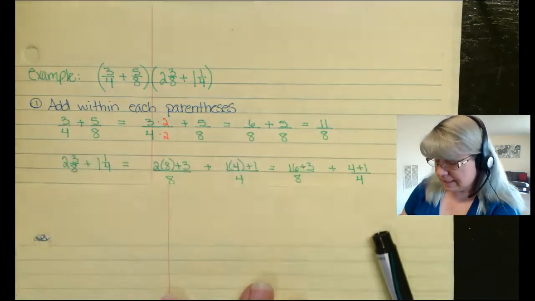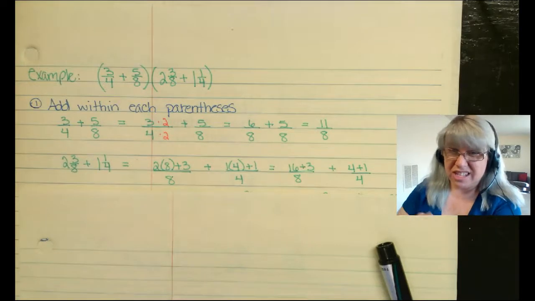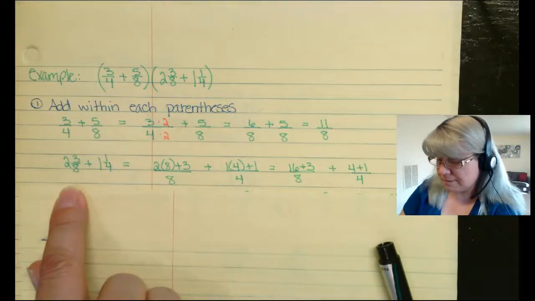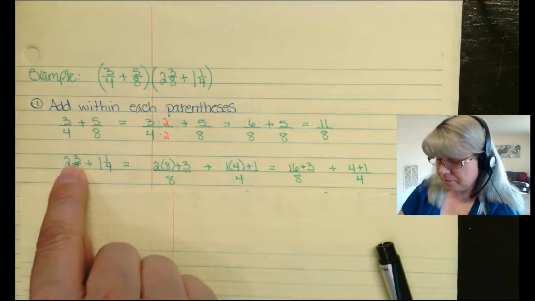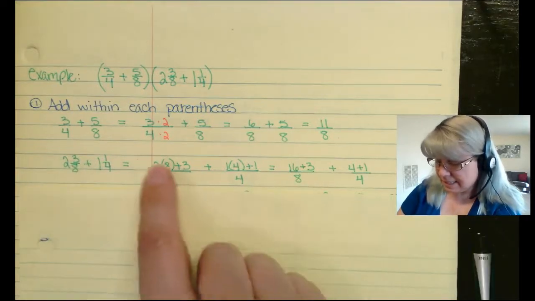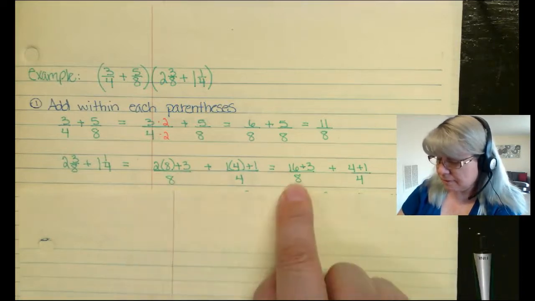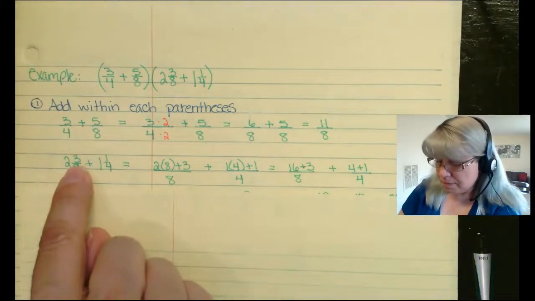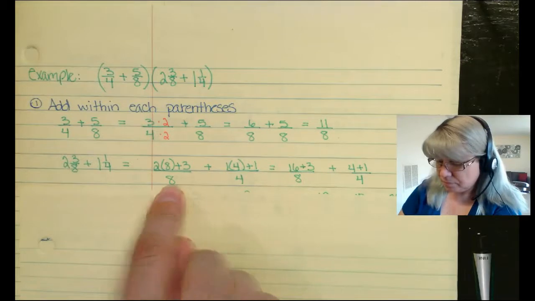For the second, I'm going to change them over to improper fractions. Knowing that I'm going to have to multiply down the line, I'm going to have to change it anyway, so I'm just going to change it to improper fractions. Let me start over again. 2 times 8 plus 3 all over 8.